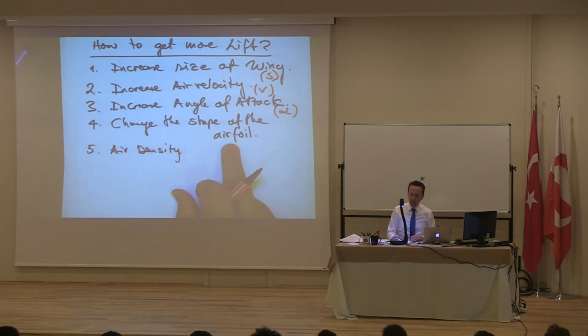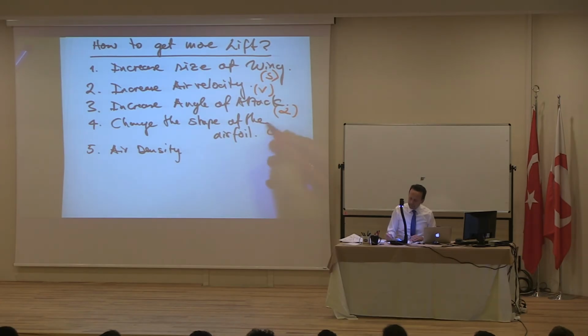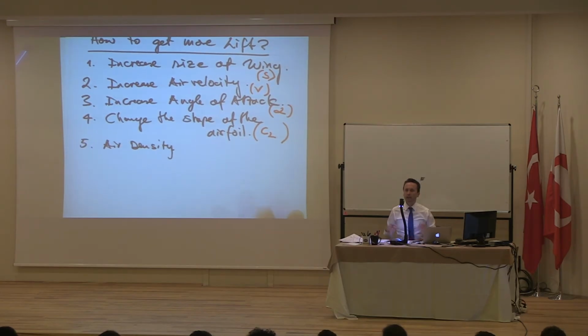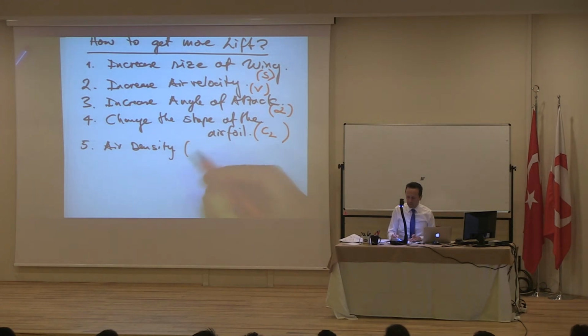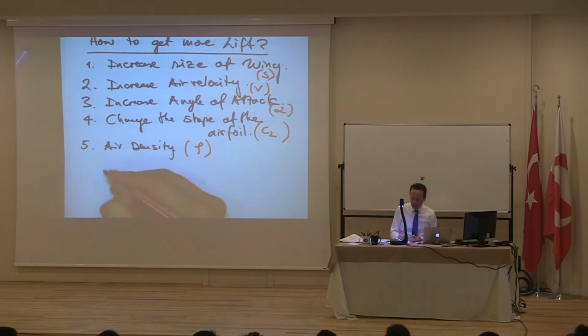Shape of the airfoil, well, it's a parameter called CL that represents the shape of the airfoil. I will tell you a little bit more about this. Air density, rho. Okay. Do you want me to write the lift formula?